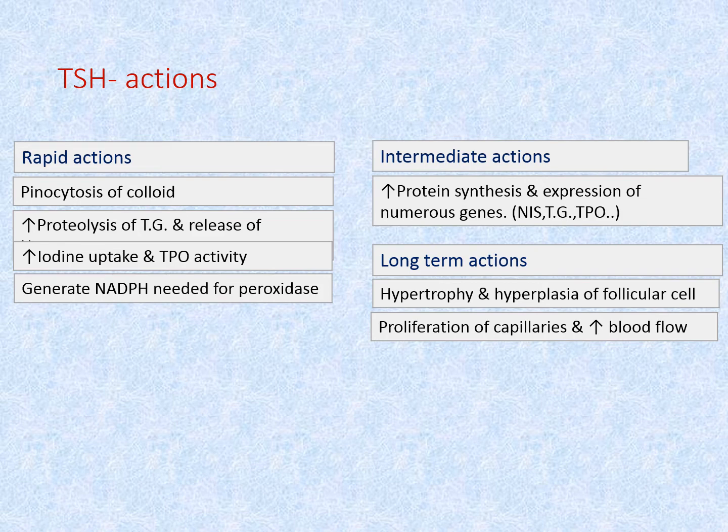So these are the long-term effects. Hypertrophy means increase in the size of the cell, and hyperplasia means increase in the number of the follicular cells. So these are the rapid, intermediate and long-term actions of the thyrotropin hormone.